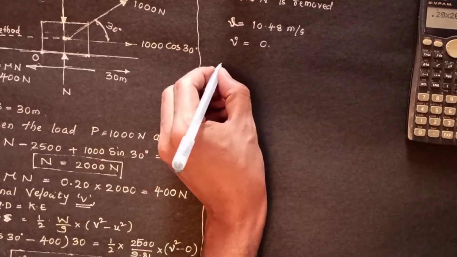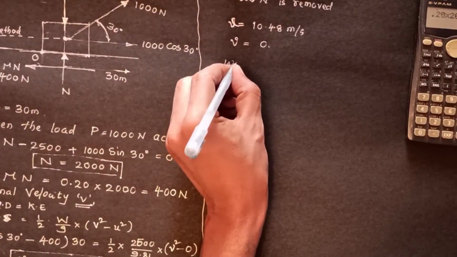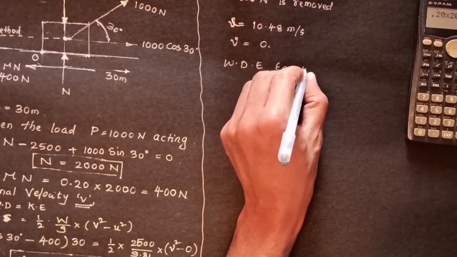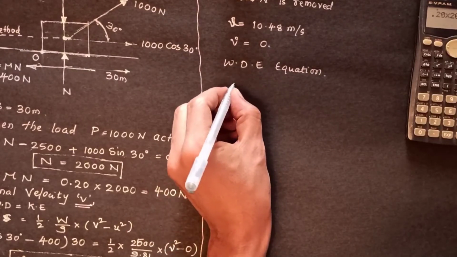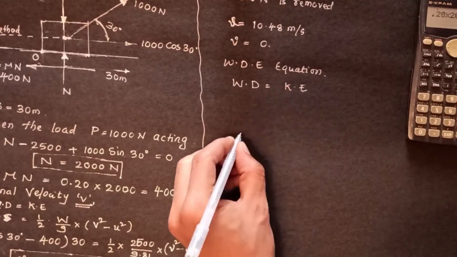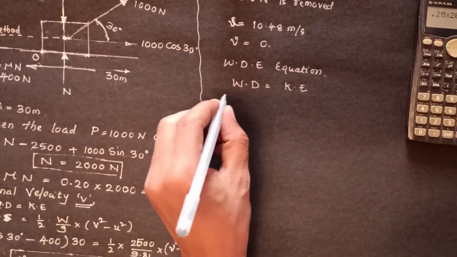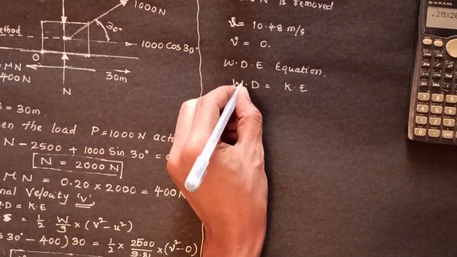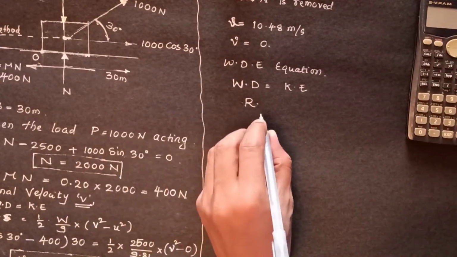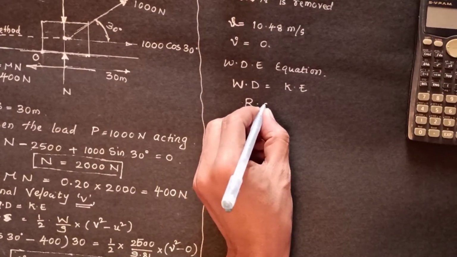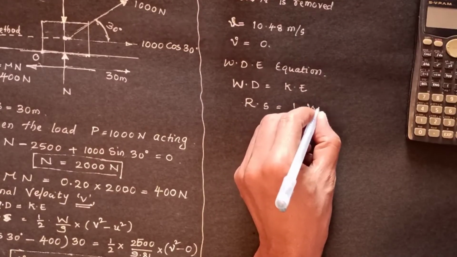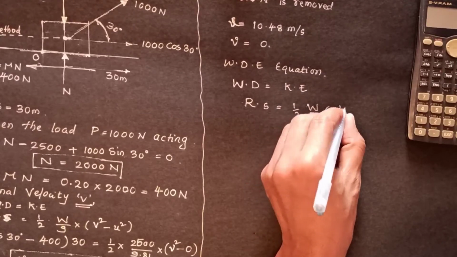Now again let me go for the work energy equation. W into D is equal to kinetic energy. Same equation, R into S, where R is the force, or it may be a frictional force. R into S is equal to half M, which is W by G, into v square minus u square.